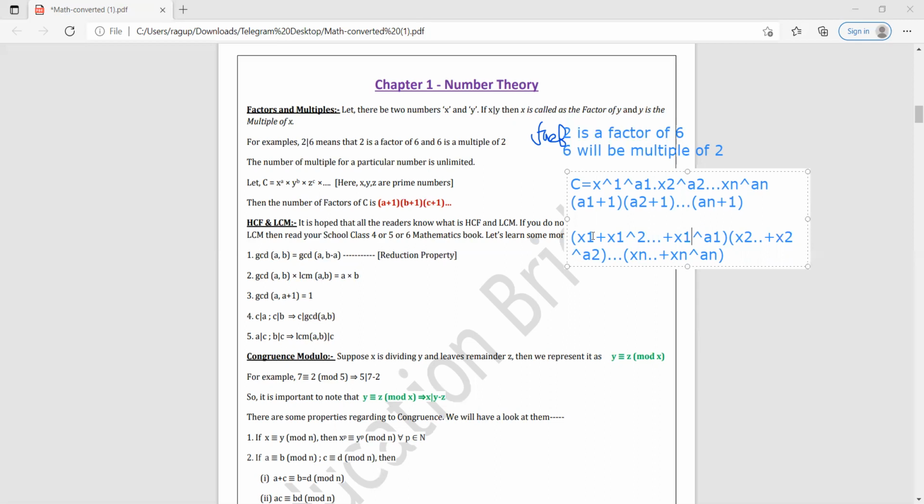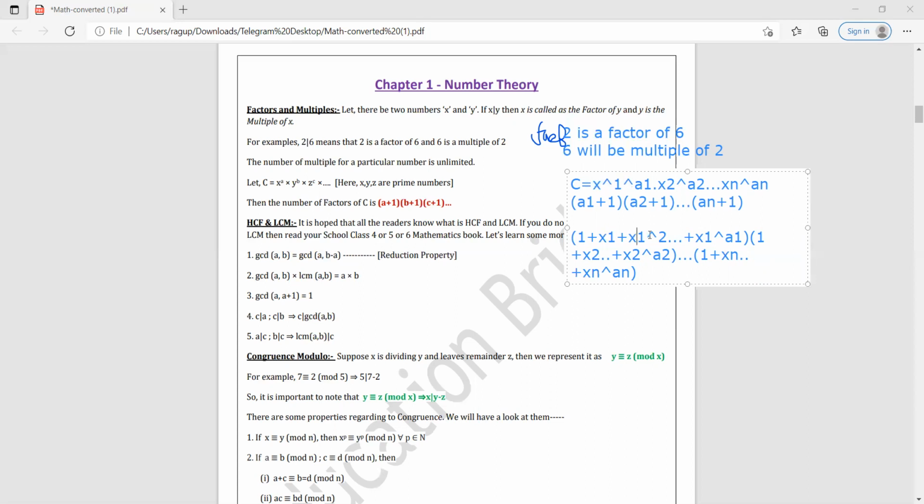So x1 into x2, oh, here it should be 1 also. If you take x1 from this bracket and multiply it with 1, 1, 1, all ones, then you will have your factor x1.